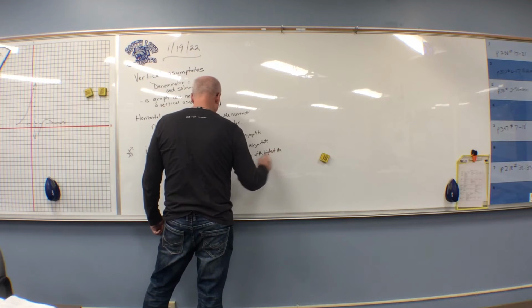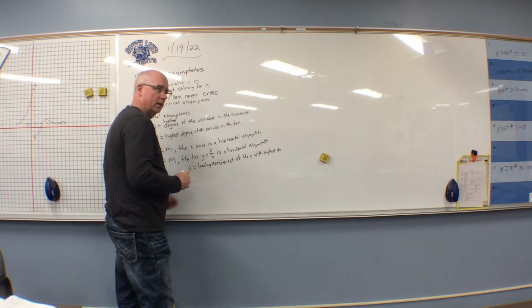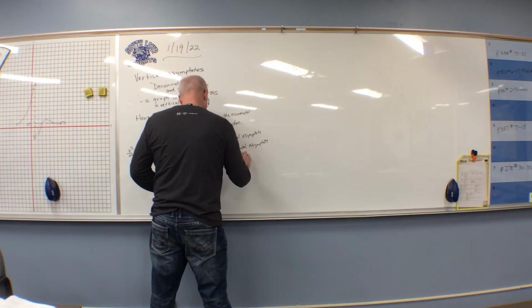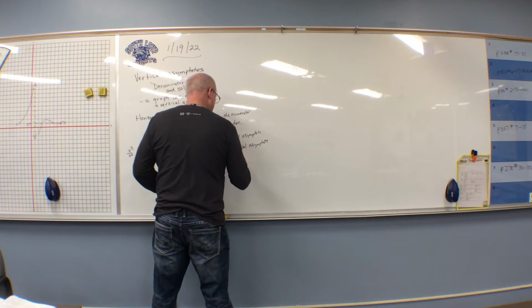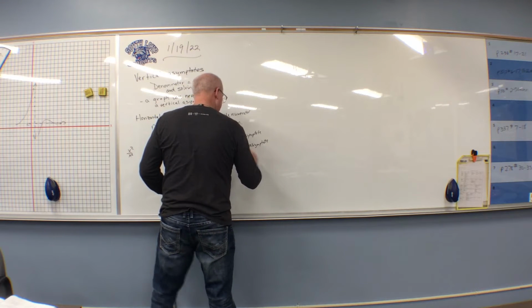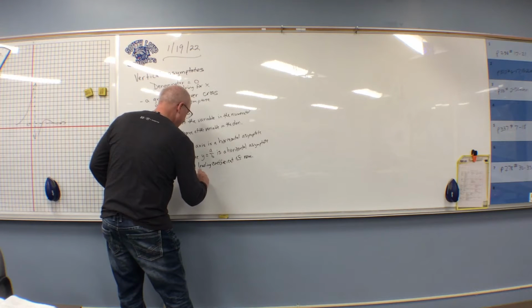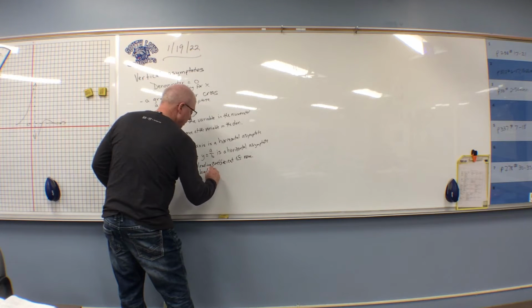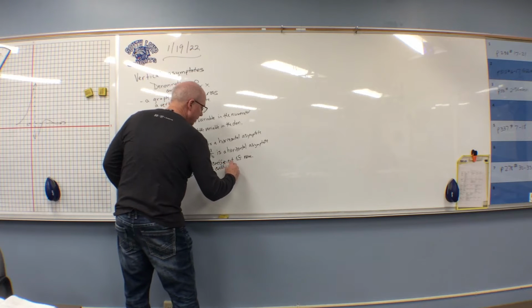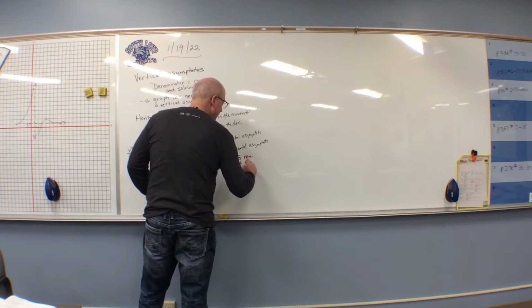You know what leading coefficient is, right? So a is the leading coefficient of the numerator, and b is the leading coefficient of the denominator.